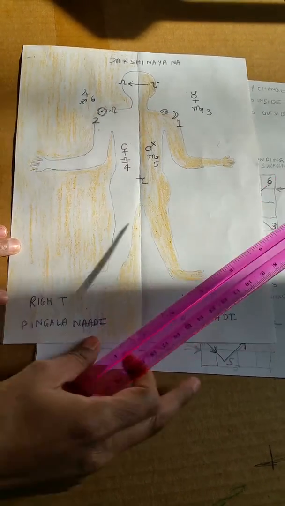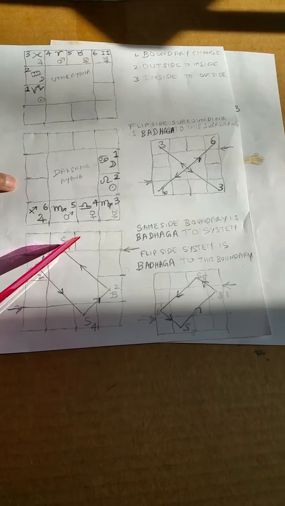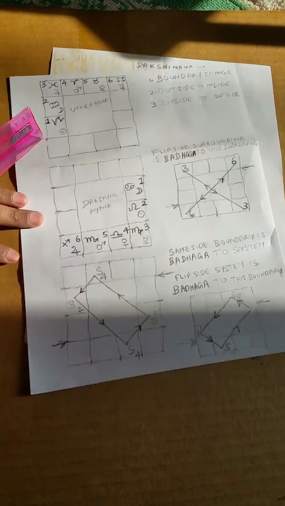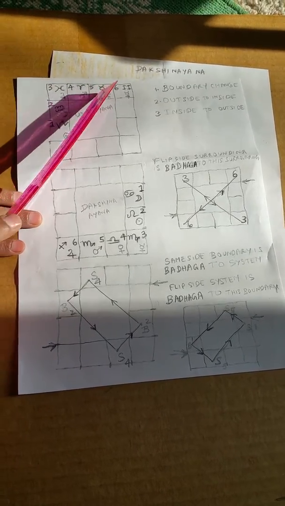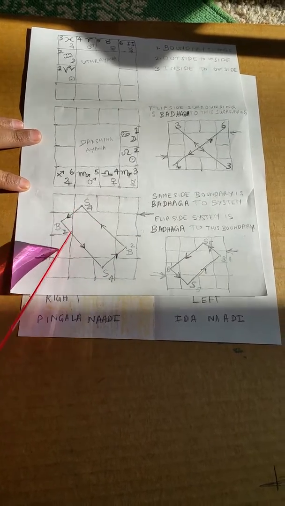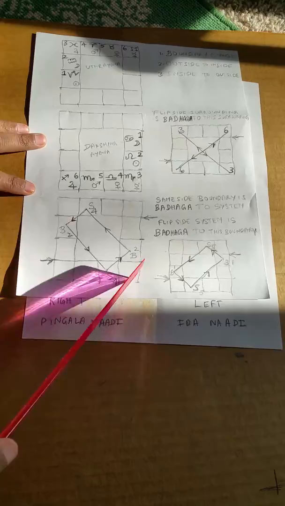Boundary and system, see, this is the system sign. These two areas are system, this is boundary area. You can see that sun, moon as the boundary, Mars, Venus is the system. These two are the system signs, these two are the boundary signs, and these 4 corners are the surroundings.